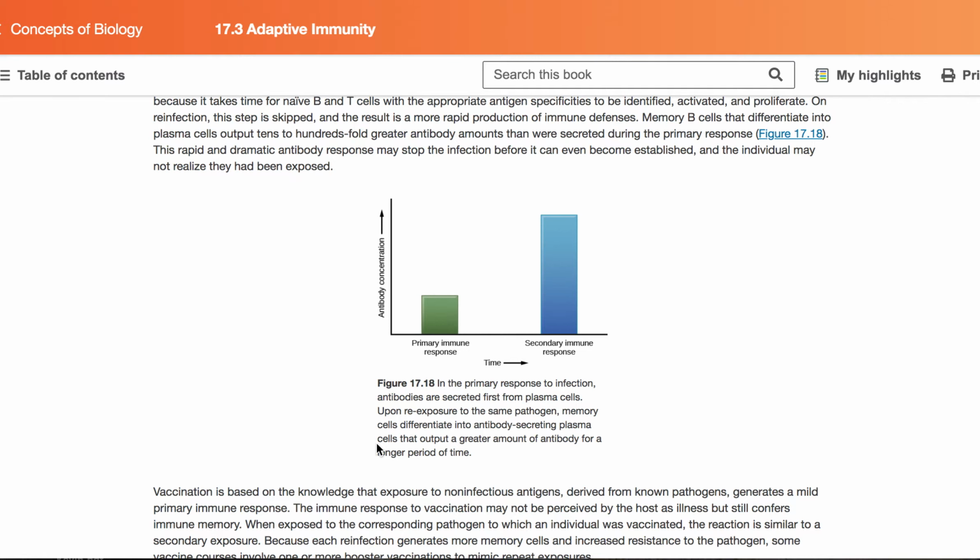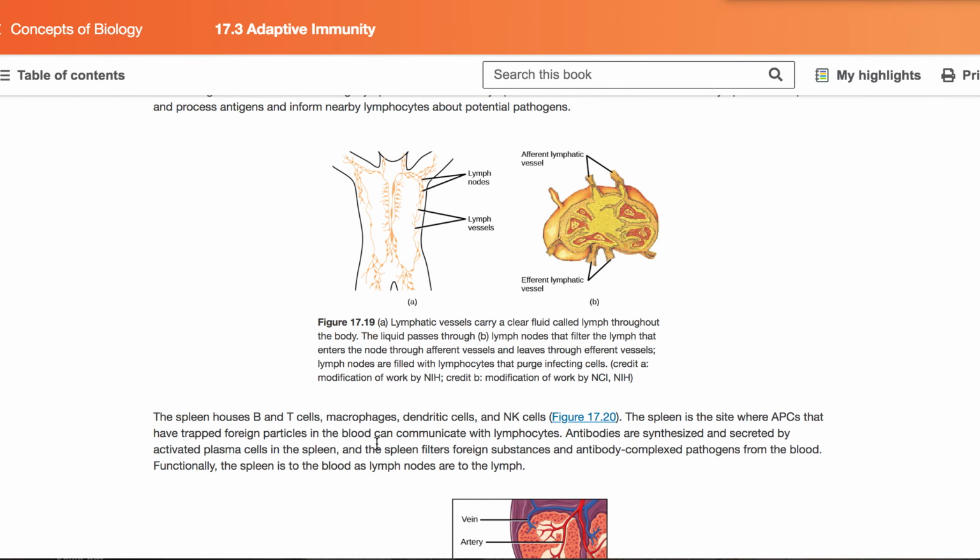However, the next time you're infected with it, your memory cells are activated and they will fight off the infection much faster than the first time, to the point in many cases that you might not even feel sick at all, or you feel slightly sick or extra tired, but it's not the actual illness. This is the purpose of having vaccines, and this is why your body keeps those memory cells around, so that they can fight faster for you the next time.